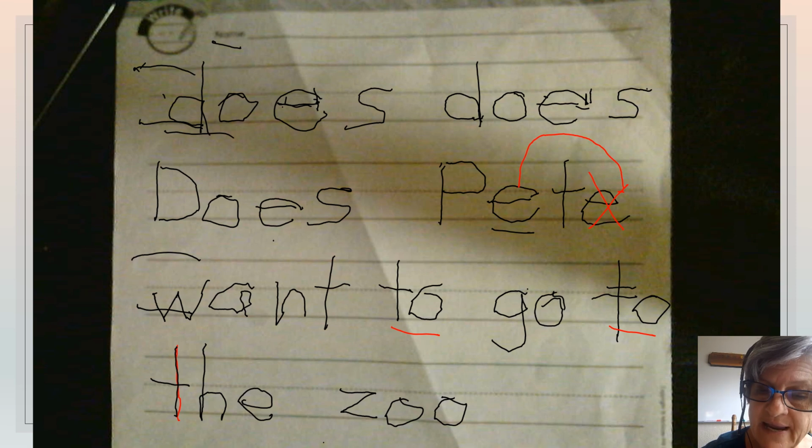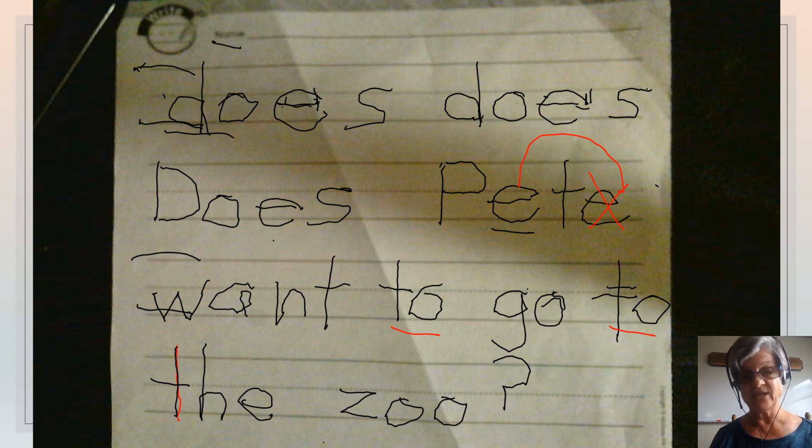It's kind of like a backwards C at the beginning on the top, goes straight down, and then you put a dot. Whoops. It's hard to see my dot, but there's a dot there. So let's read it one more time. Does Pete want to go to the zoo?